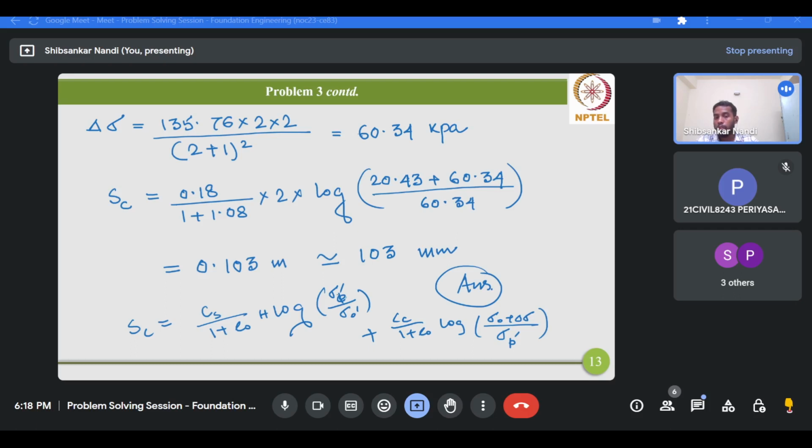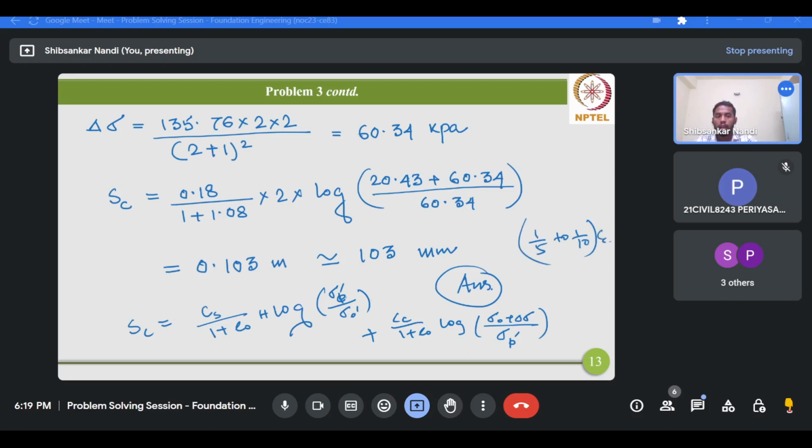So this information you should know, and the swelling index you should know, to calculate the consolidation settlement for an over consolidated clay layer. Cc you can easily calculate from the empirical relation, and Cs is taken as almost 1/5 to 1/10 of Cc.